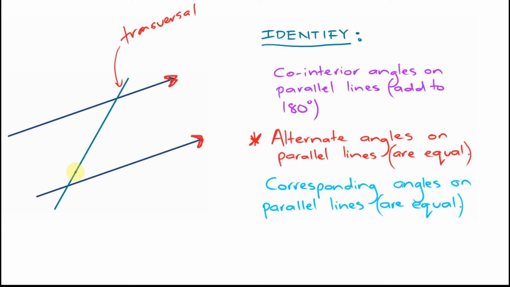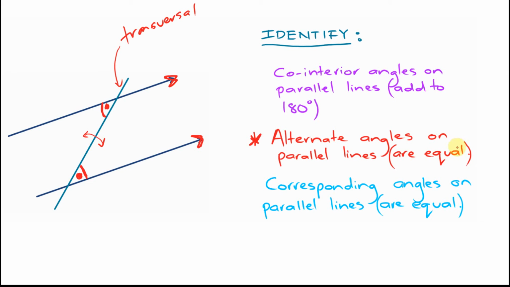So alternate angles would be this angle here, so that angle, and this angle here. So alternate meaning on either side of the transversal and touching each parallel line. So you can see that this angle is alternate with this angle here. So we're sort of on alternate sides of the transversal.